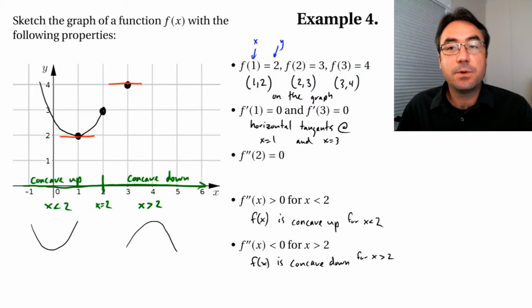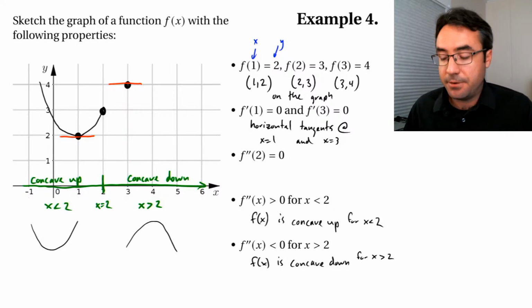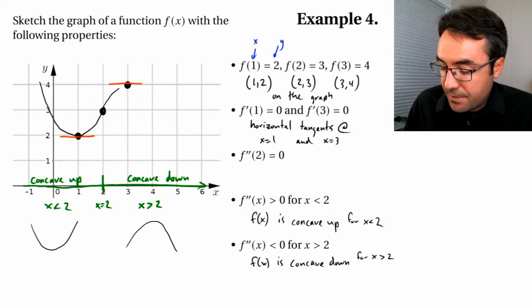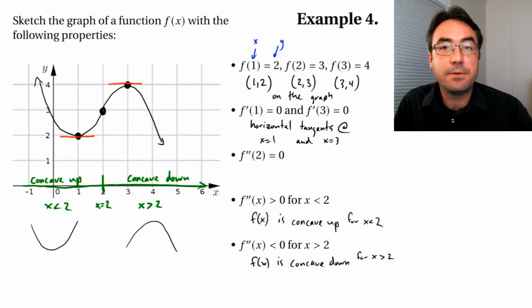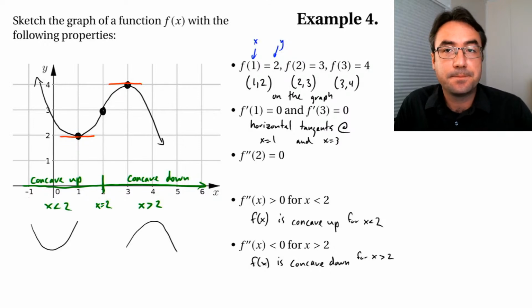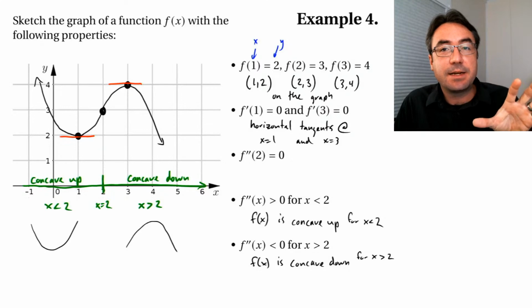And then at x equals 3, we also have a horizontal tangent line, and it needs to be concave down. So it needs to have this sort of look to it. This is just one example of what this graph might look like. What we're seeing there is that to the left of x equals 2, our graph is concave up.